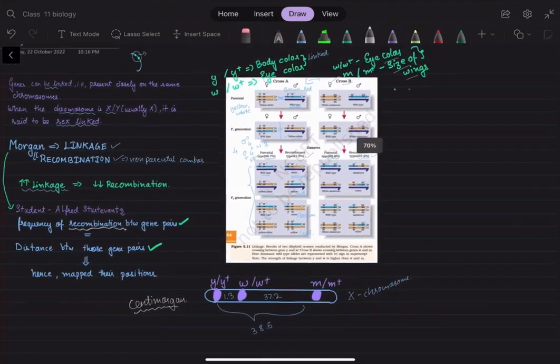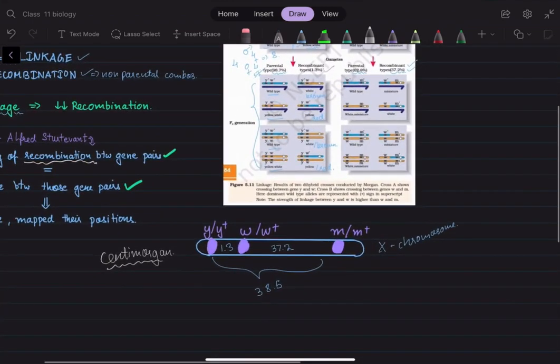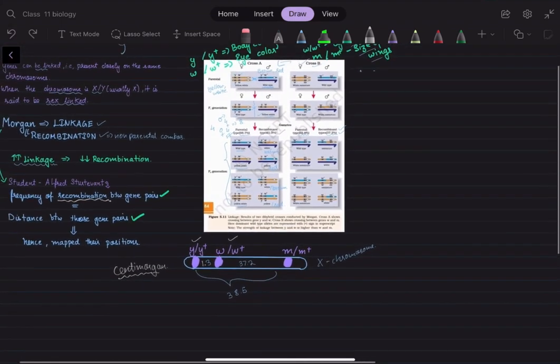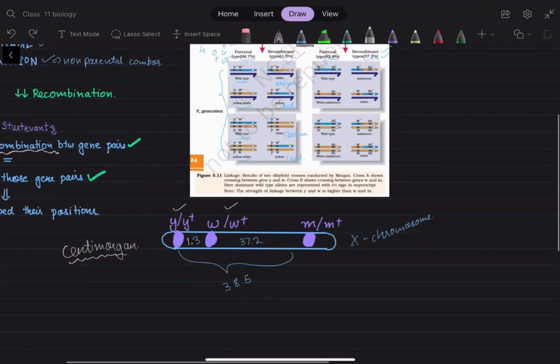The body color and eye color were linked, separated by only 1.3 morgans, whereas the eye color and the size of the wing genes were pretty far compared to these two genes. There the distance between them was 37.2 morgans.